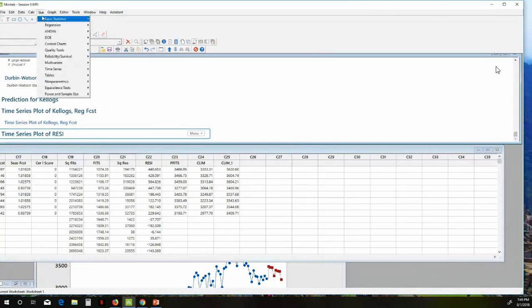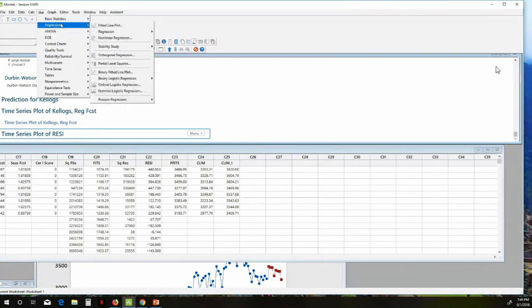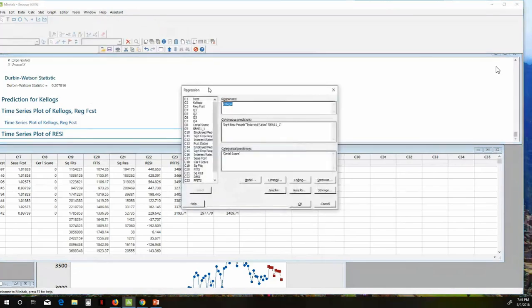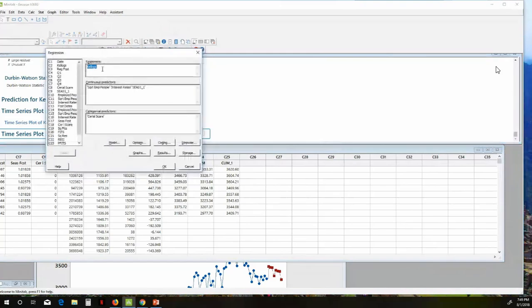Is everybody ready? Go to regression. We're going to have to run a really simple regression. Fit regression model. Take out all the variables. Shouldn't be any variables left.